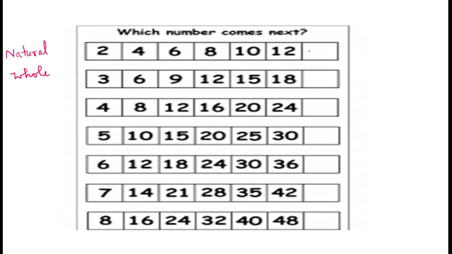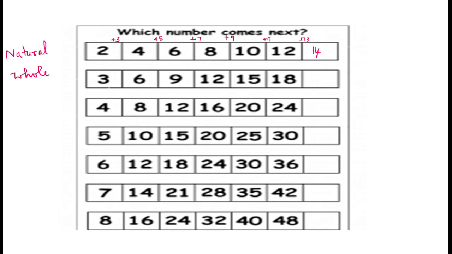After 2, 3 is there, they have skipped 3 and wrote 4, and later they have skipped 5, then they wrote 6. Here they have skipped 7, then they wrote 8. Here they have skipped 9 and wrote 10, and here they have skipped 11 and wrote 12, and skipped 13, and here we can write 14. Like that only.